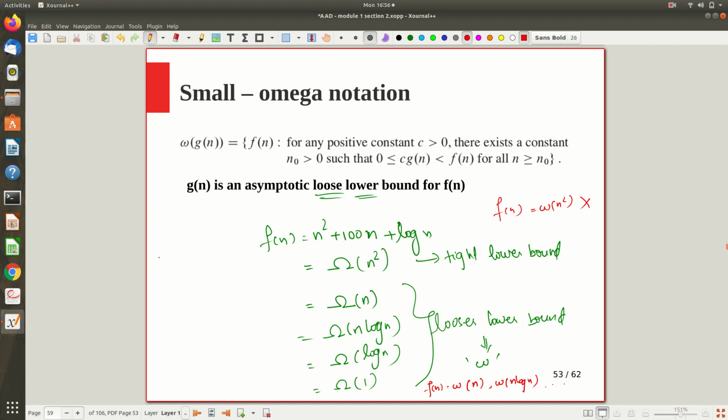So for me to write this, what I need is that n square plus 100 n plus log n is greater than or equal to c times n, for any constant c. This should be true. By default, for any constant you can see the n square term will dominate, so you can try with any smaller or bigger value, and this will be true.